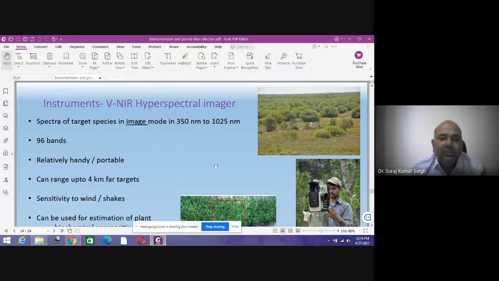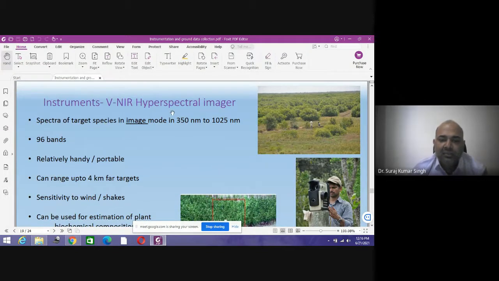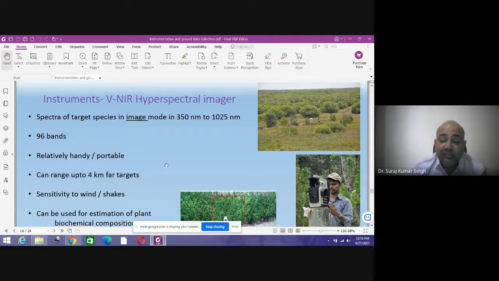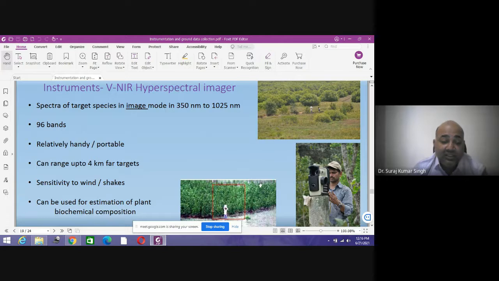Then we have used instruments like VNIR hyperspectral imagers. They are nowadays very popular for field-based instrumentation, where the spectra of target species in image mode range from 350 nanometers to 1025 nanometers. It has 96 bands. It is relatively easy to handle, and it does not have the problems of proper cables.